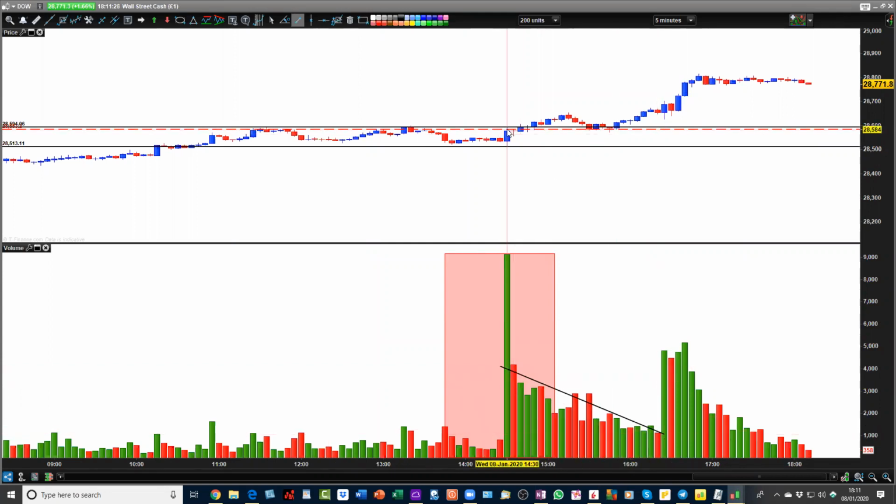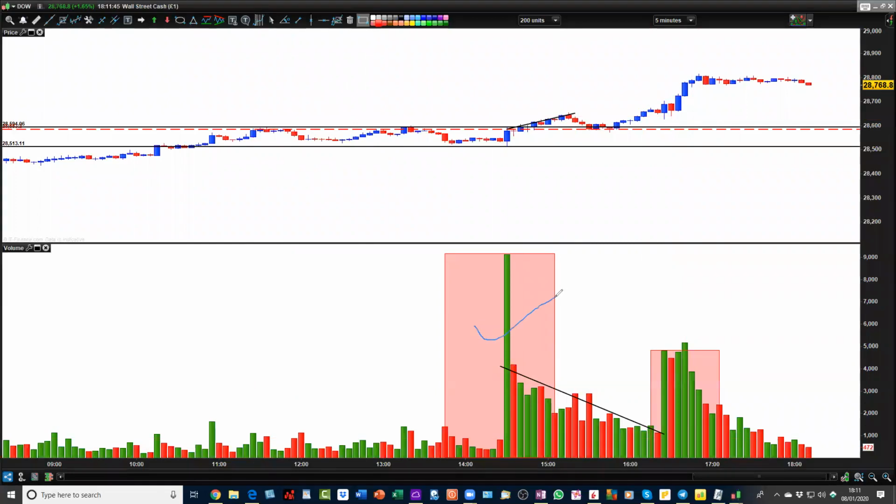We come up on low volume, and then you get another volume spike on the pullback. So this is confirmation number one for the initial move, and this is confirmation number two for the second move.